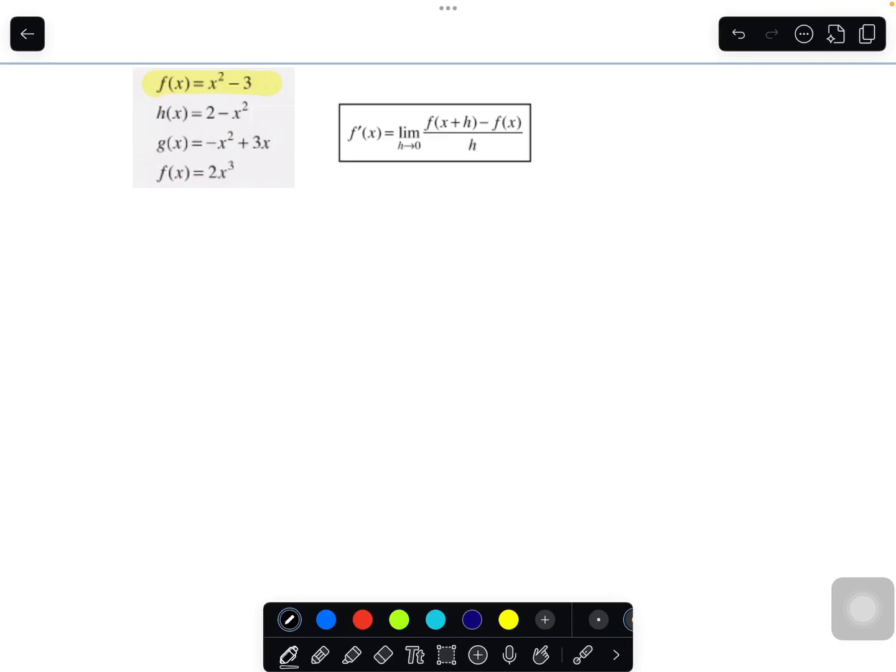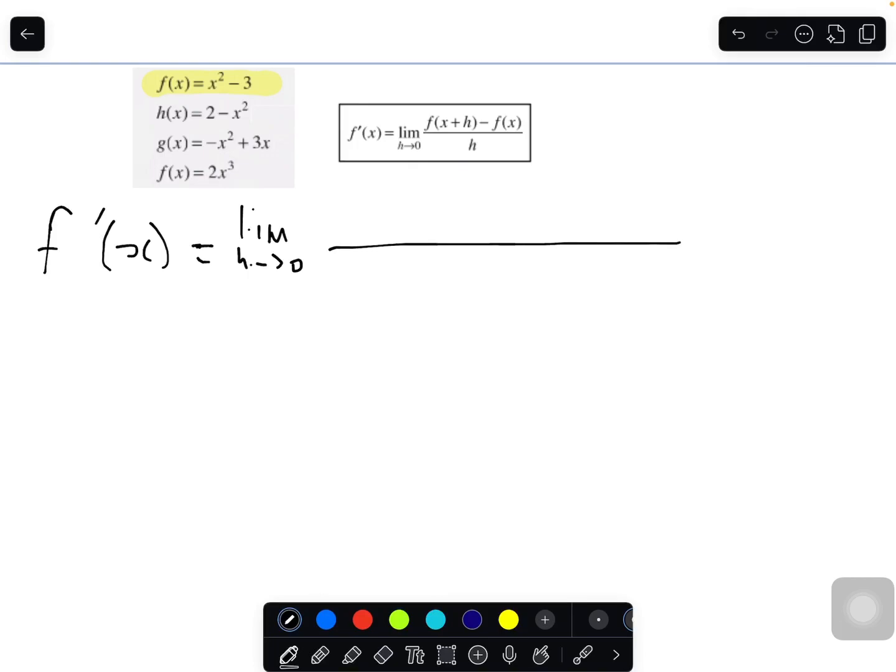In this question here I have that f of x equals x squared minus 3. So I'm going to write my expression f prime x, which is then the first derivative, equals the limit as h approaches 0 of, all this is over, so I have f of x plus h.